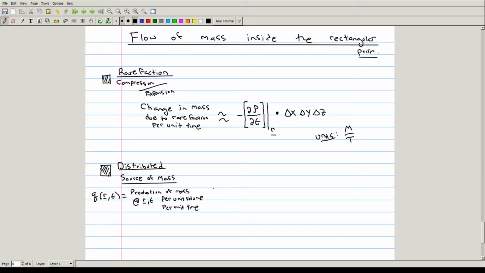And it shouldn't be surprising that the change in mass due to this distributed source per unit time is approximately equal to this function Q at the point R multiplied by delta X, delta Y, delta Z.